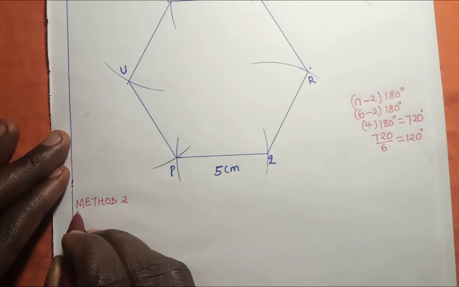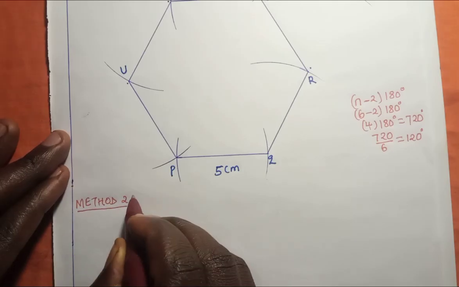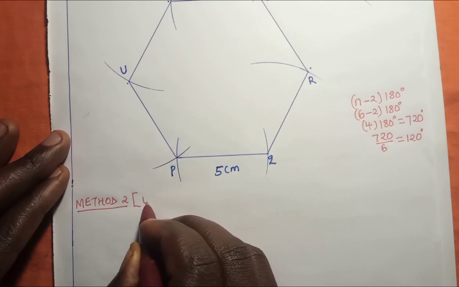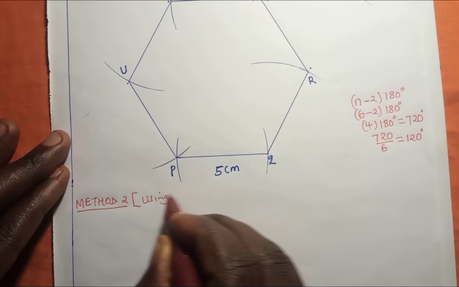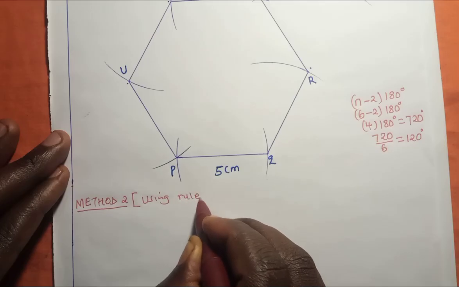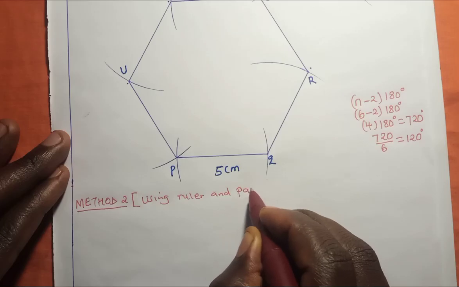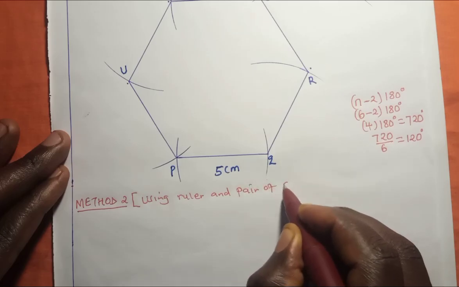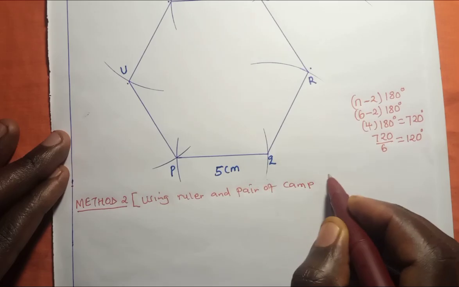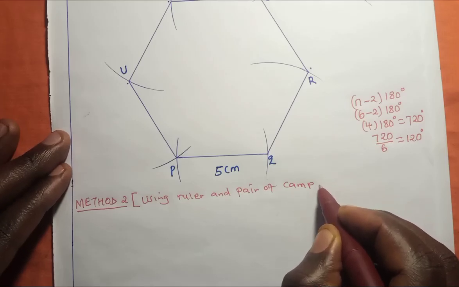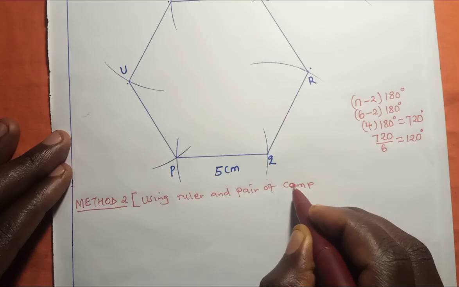Under this method, I am going to use a ruler and a pair of compass only.